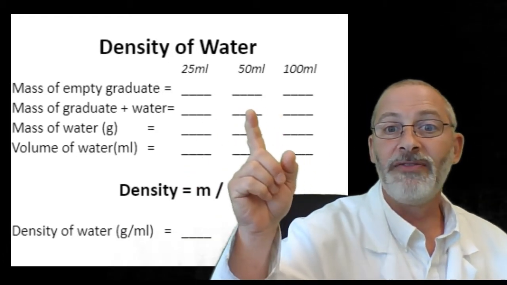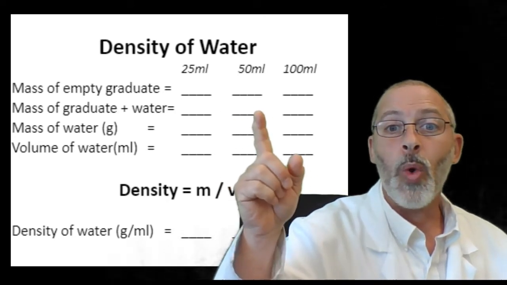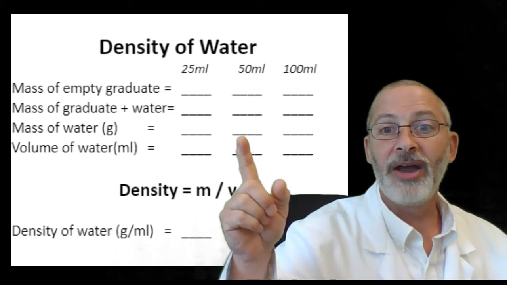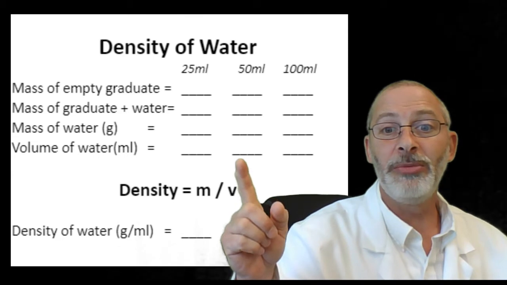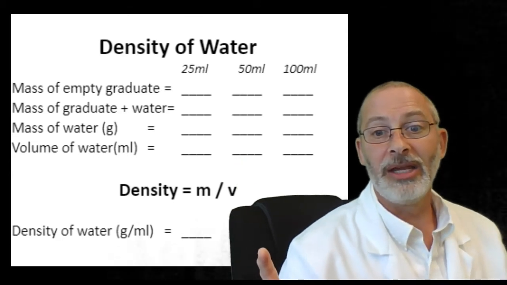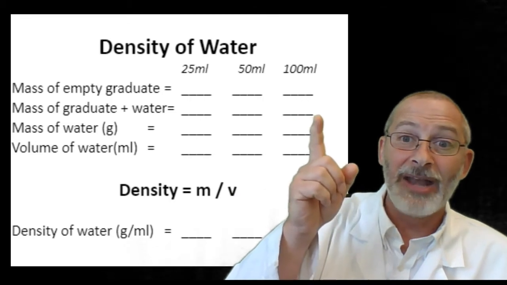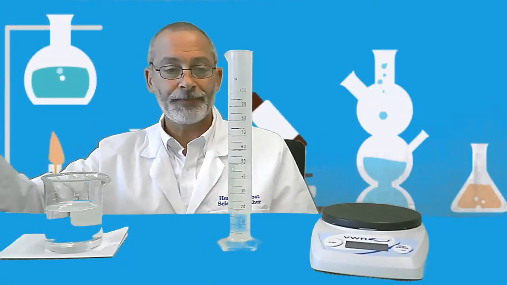The mass of the graduate plus the water is 100 grams. Think about how you're going to determine the mass of the water, the volume of water, and calculating your density. But before you do that, let's add more water to the graduate.